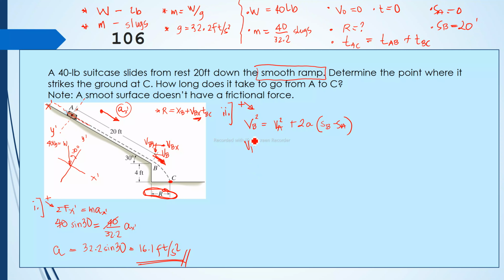So the square of the velocity at B is equal to the square of the initial, which is 0, plus 2 times 16.1 times 20 minus 0. Then our velocity at B is equal to 25.377 feet per second.